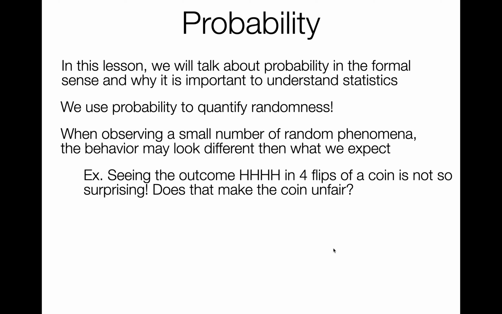You may think, well, if I see 4 heads in a row, that coin may no longer be fair. That's a fairly reasonable assumption, but it doesn't necessarily mean that the coin is unfair, and we can use probability to say how likely that happens. I know that might not be a great example, but we'll use it in different language throughout.